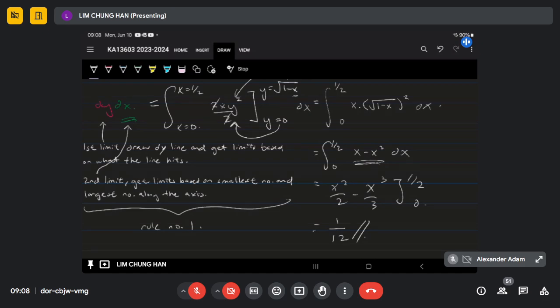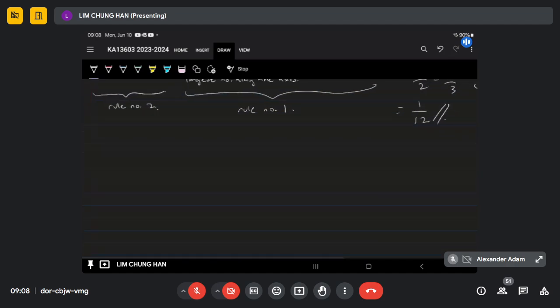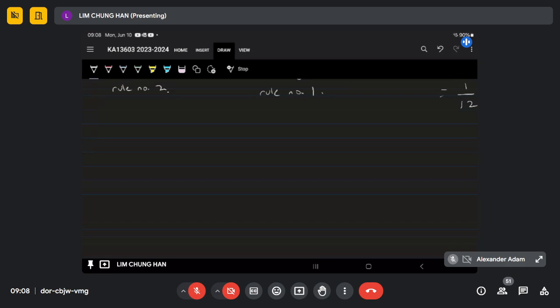Okay, I want to go through another example here, but this example, we are focusing mainly on the region, not on the integration part, on the region. Let me do this first, and then I'll ask you whether you have any questions or not. So let's say I have some example, maybe 2xy as well.